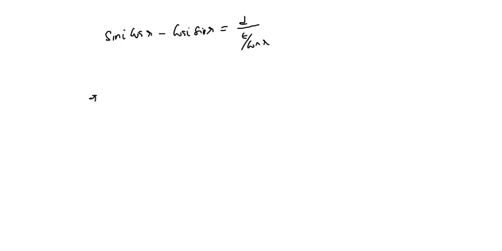So, T by cos of R times sin I cos R minus cos I sin R equals d.